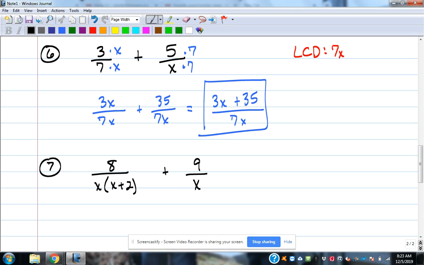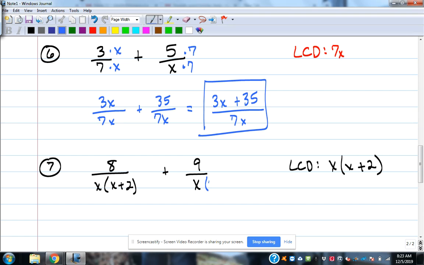So the least common denominator is going to have the shared factor x, and then anything the other denominator doesn't have, the other factor. So this one has two factors. It's got x and x plus 2. So this one needs an x plus 2 to make it the same, right? So the least common denominator is going to be x times x plus 2. So the second fraction needs fixing.